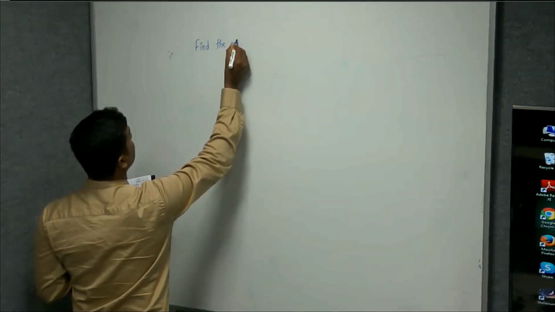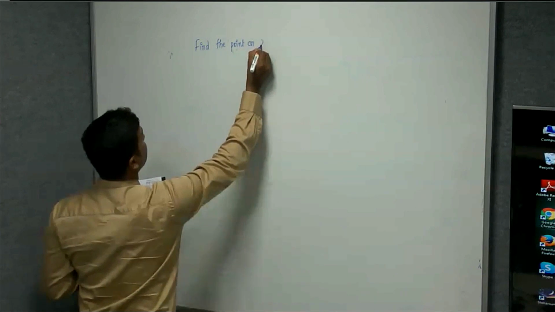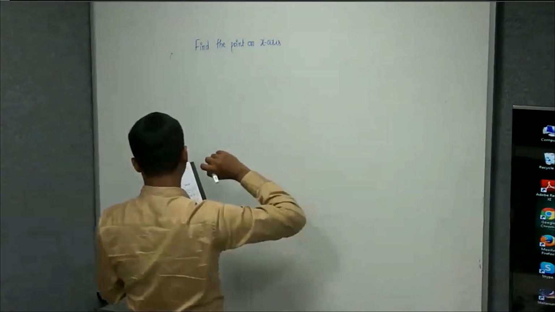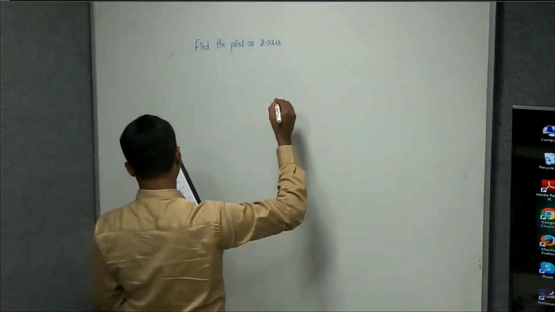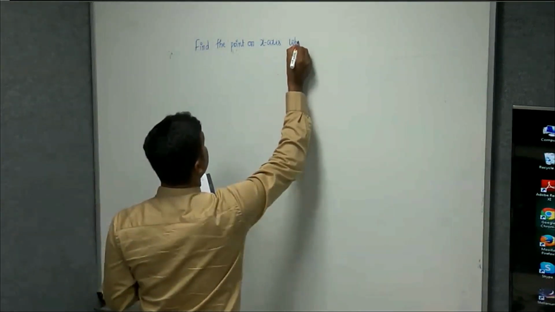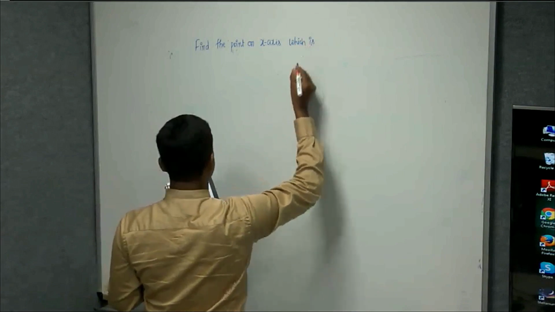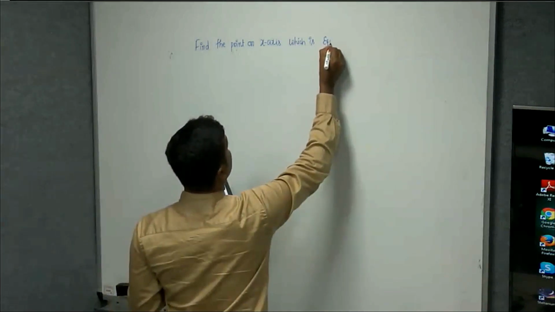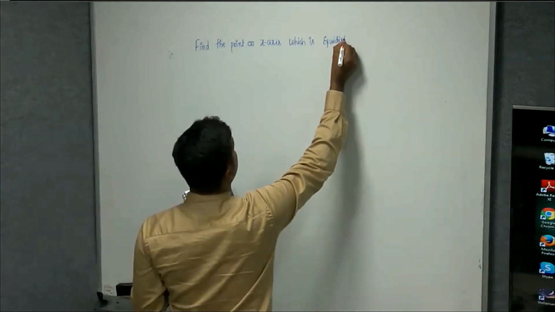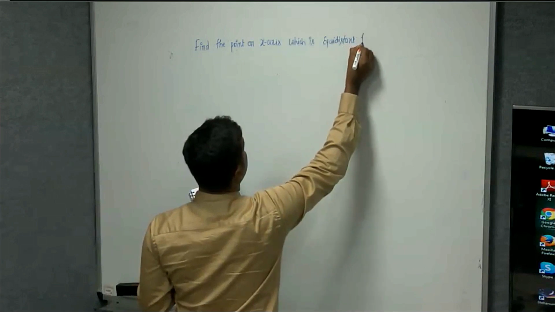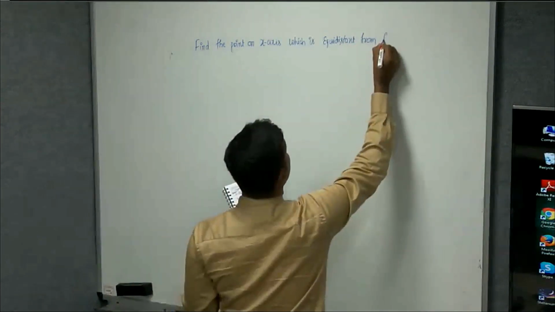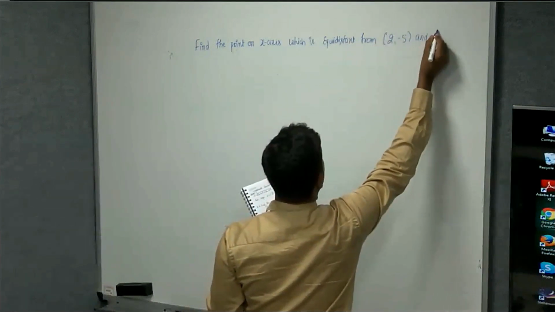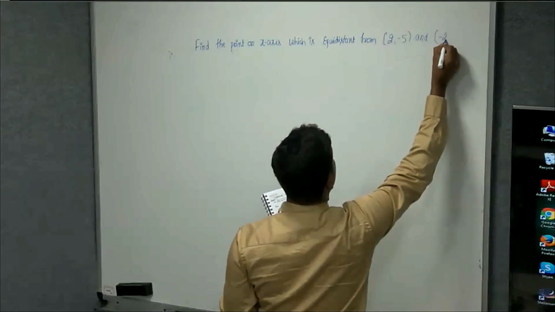Find the point on x-axis which is equidistant from (2, -5) and (-2, 9).